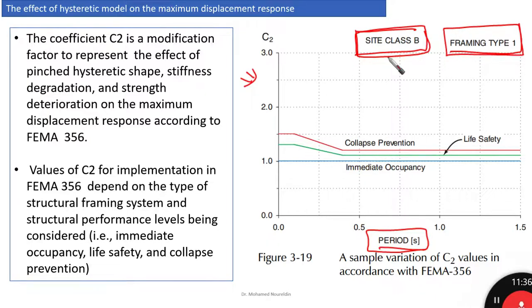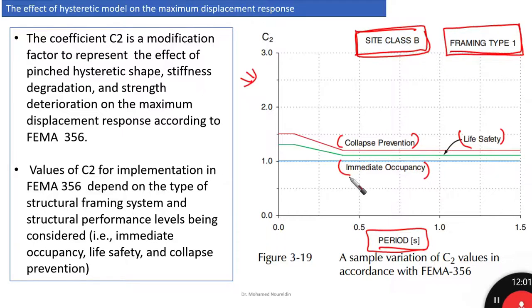You can find a bunch of graphs in FEMA 356 regarding this, but we are taking only one sample. And we are putting it with different limit states as usual: immediate occupancy, life safety, and collapse prevention, like 3 different levels of earthquakes.